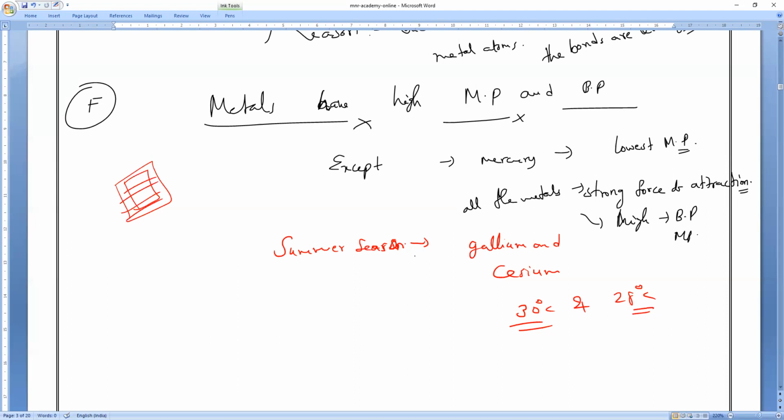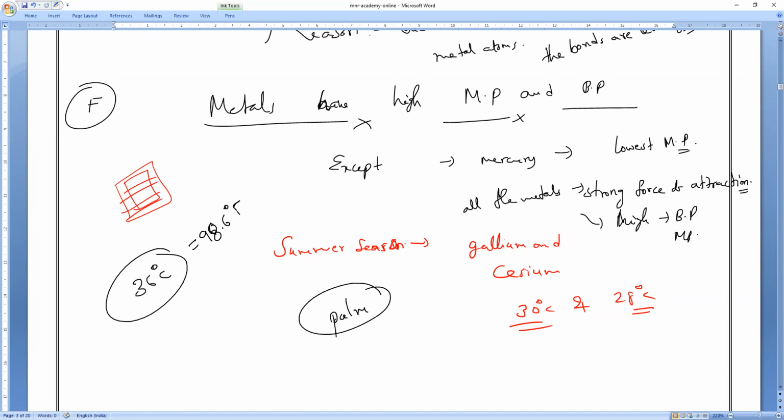So these metals will be in liquid state in summer. They will melt even when placed in our palm. If you place them in our palm, what will happen? Due to our body temperature, they start melting into liquid state.